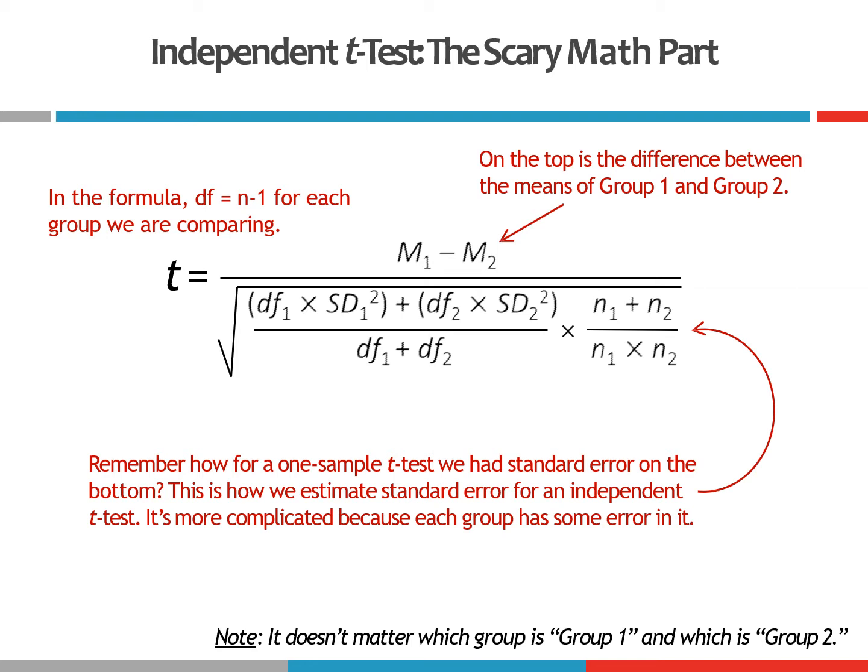Okay, so let's start at the top because it's a lot less intimidating, right? So at the top, just like in the one sample t-test, we're looking at a mean difference, right? So remember, for the one sample, we were looking at the difference between the sample mean and the population mean. But now, for the independent t-test, we're looking at the difference between the mean of sample 1 and the mean of sample 2, right?